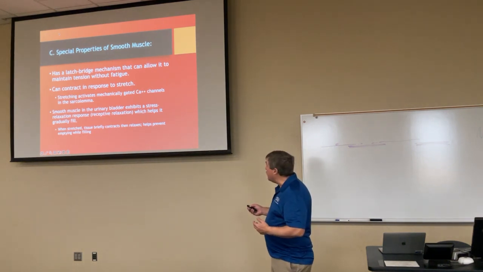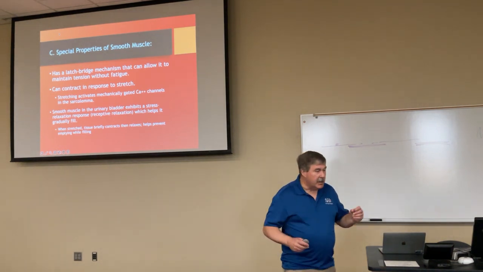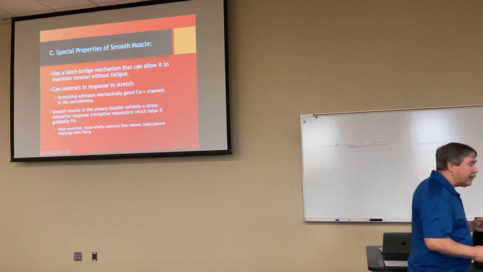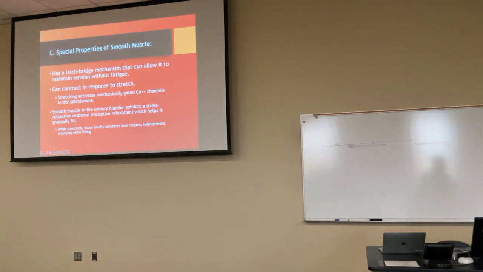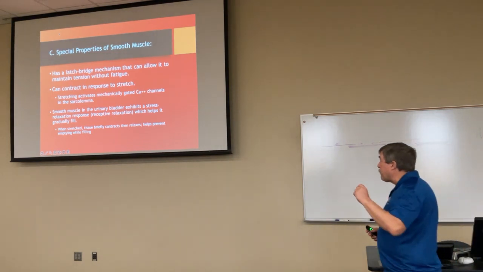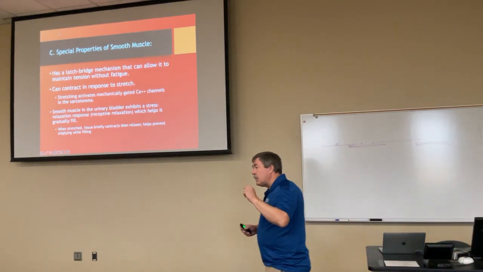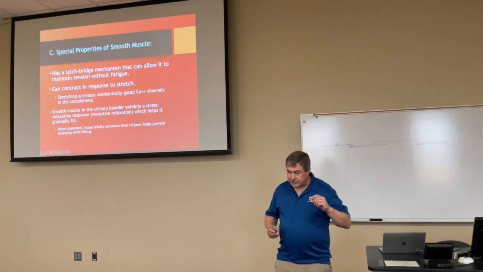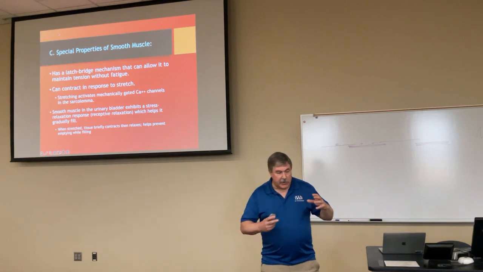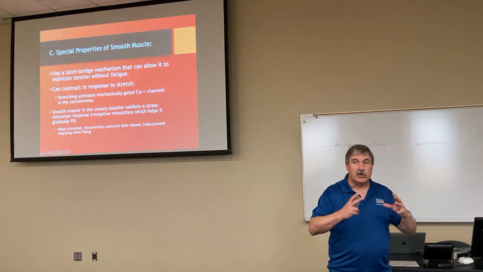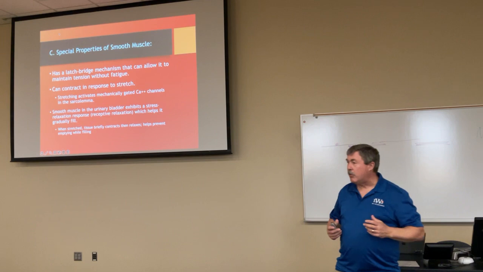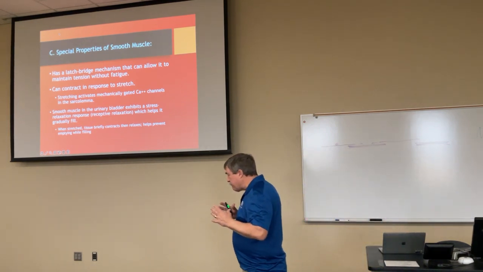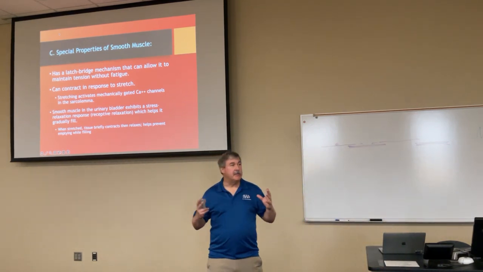And then another interesting property of smooth muscle occurs in the urinary bladder. The walls of the urinary bladder have two layers of smooth muscle, and the urinary bladder can stretch a considerable amount when it fills with urine.